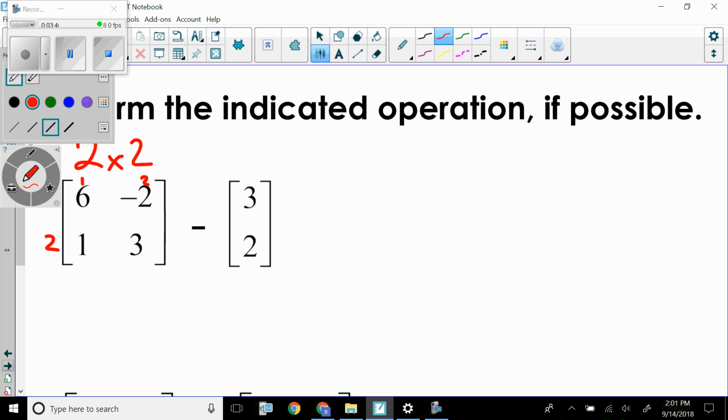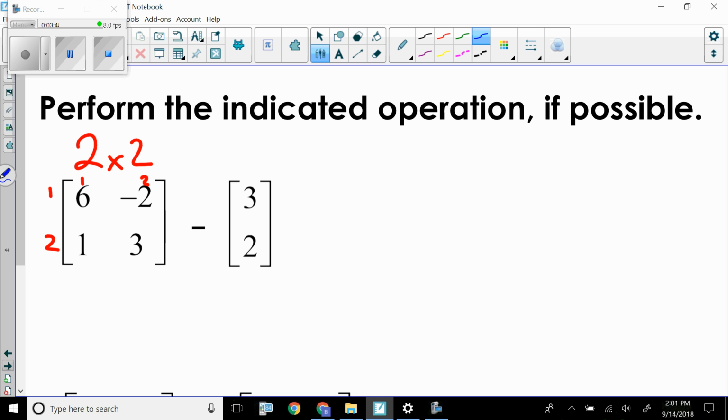If I look at the one over here on the right, this is a 2 row, and there's only 1 column. So it's a 2 by 2 minus a 2 by 1. Can I take two matrices of different dimensions and subtract them?